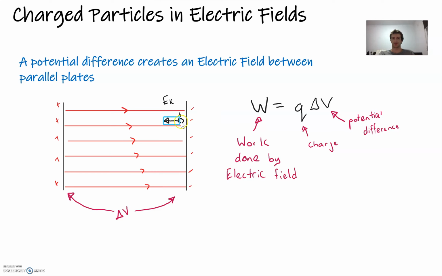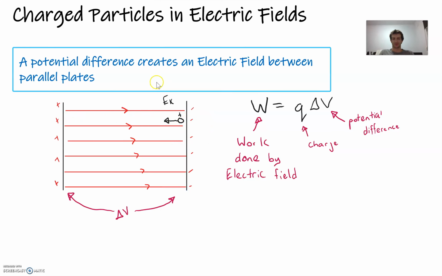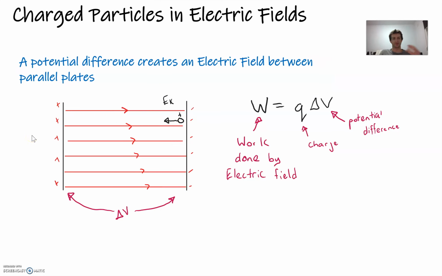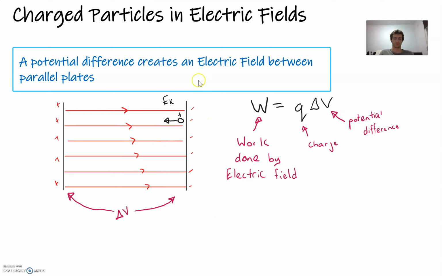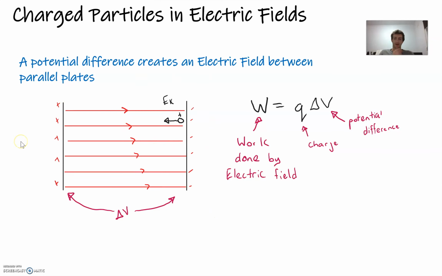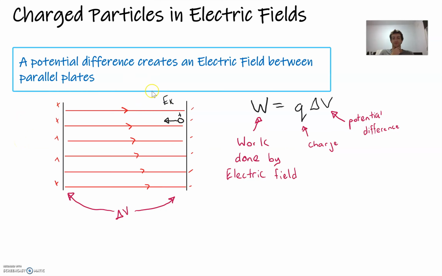So for example, if I had this particle here, which is going to start off with some kinetic energy, and it's moving towards the positive plate. Because it's also positive, the charged particle should slow down because it's going to be forced from left to right in the direction of the field lines, and that means that it's going to slow down, so its kinetic energy will decrease.